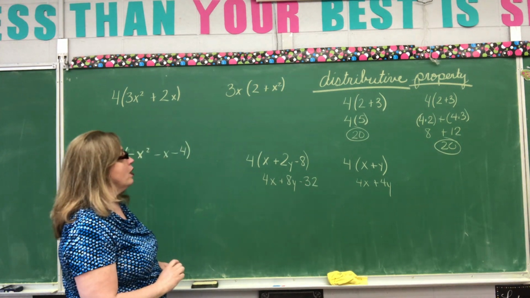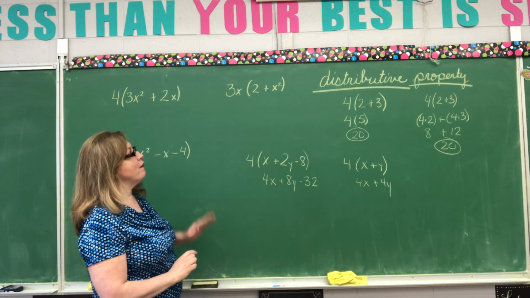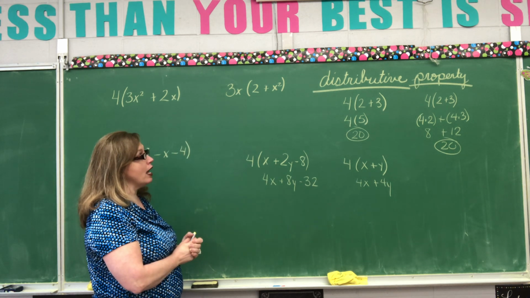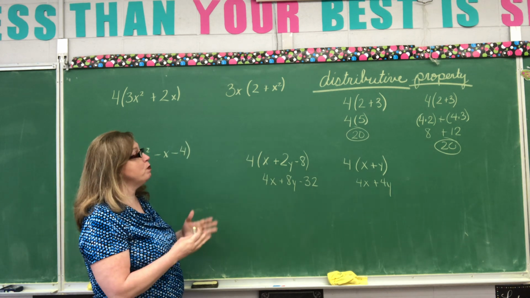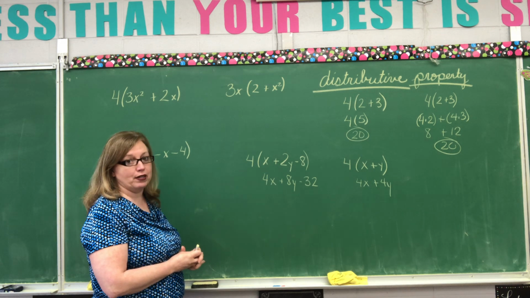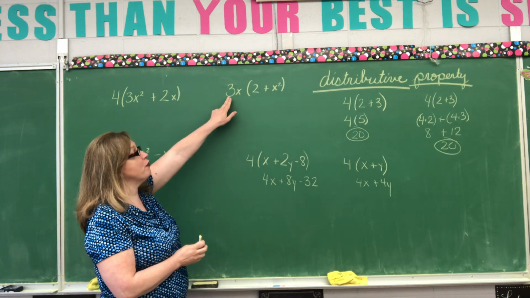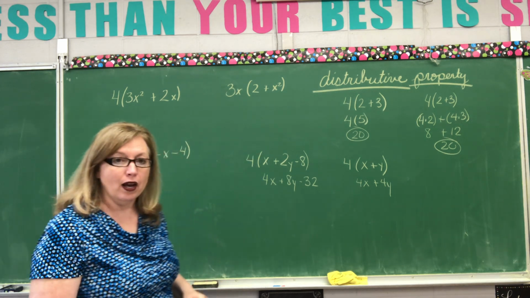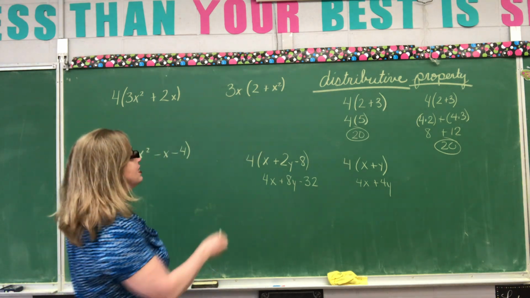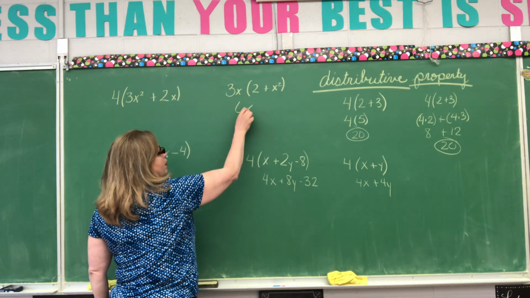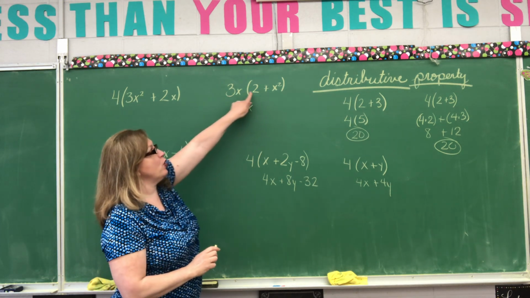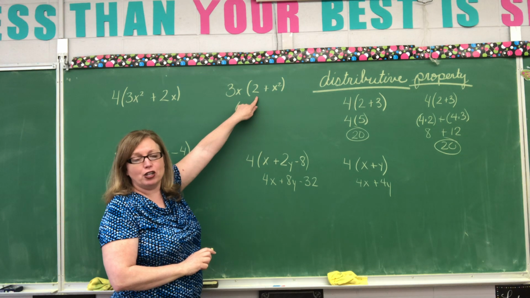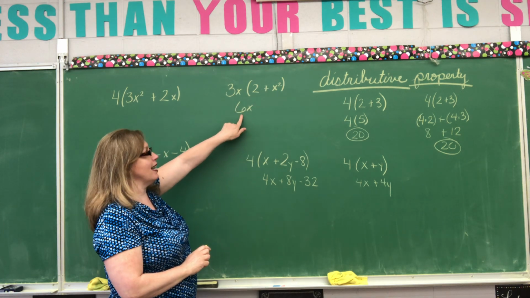Okay? So, let's try the one up here. We have 3x(2 plus x squared). So, if I have 3x times 2, okay, what am I going to have? I'm going to have 6x. All I'm going to do is take my 2 coefficients, my 3 and my 2, and multiply them and get 6.